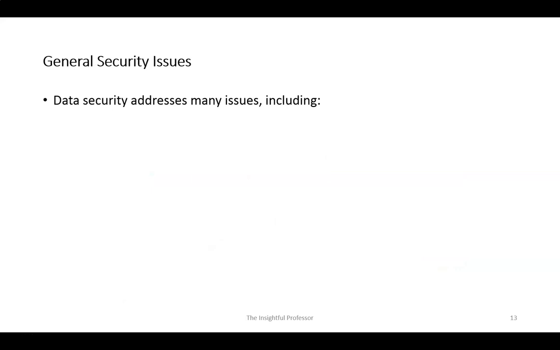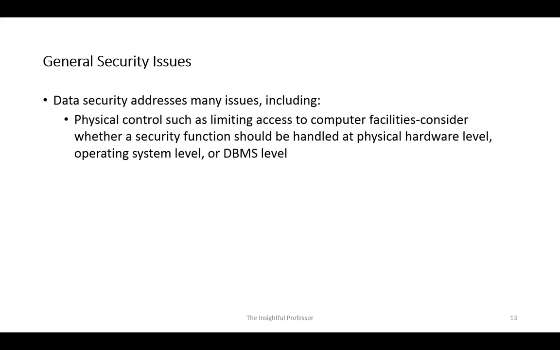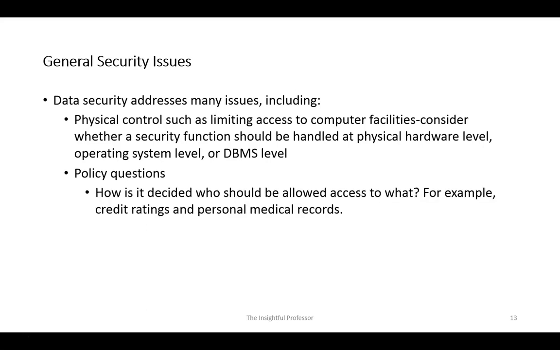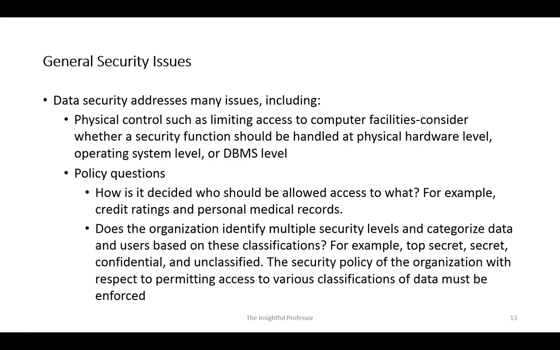Let's consider some general security issues that pertain to the protection of data. Data security addresses many issues. These include physical control, such as limiting access to computer facilities. Then there are policy questions. How is it decided who should be allowed to access what? For example, credit ratings and personal medical records.